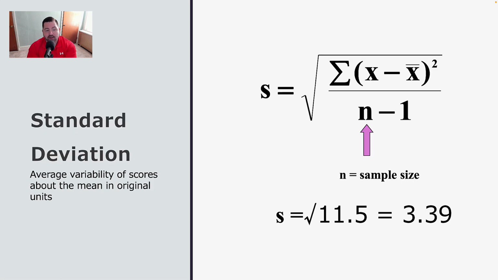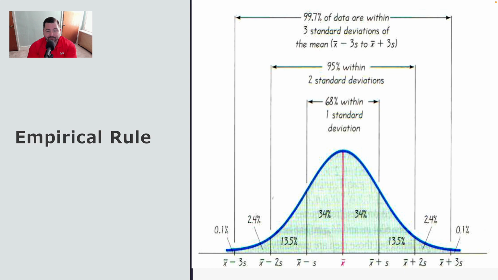Therefore, if we want to find the standard deviation from the variance, all that we have to do is take the square root of the variance, and we see that that reduces down to 3.39. That means that the typical person is going to deviate or vary from the average by plus or minus 3.39.